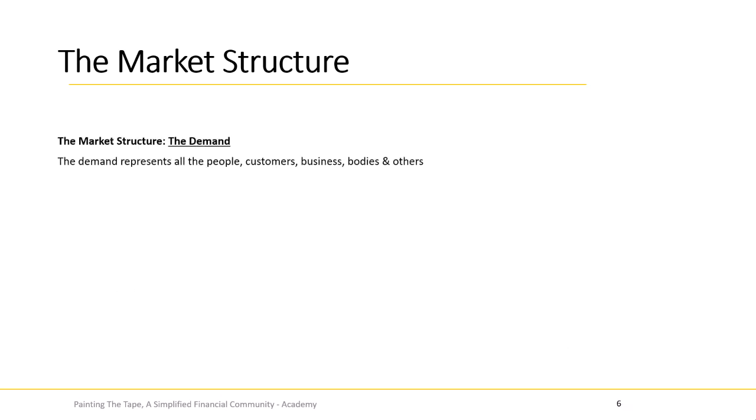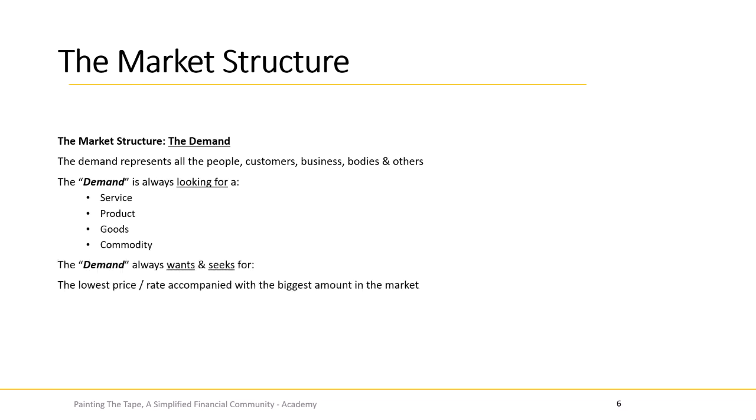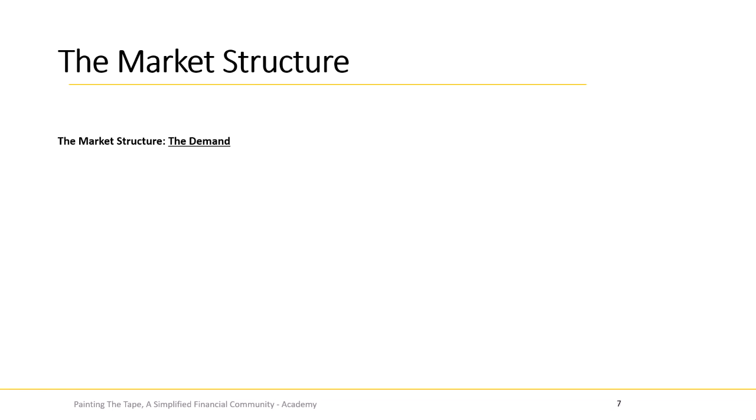So let's start. The market structure, the demand. As I mentioned, the demand are all the people, customers, businesses, and bodies who are looking to buy. They have a demand for a product, a service, a good, or a commodity, and they will always be looking to pay less and get more because they want the lowest price. Looking at demand in an economic, professional way is very important because this is the first introduction to graphs, which every trader and investor needs to understand.